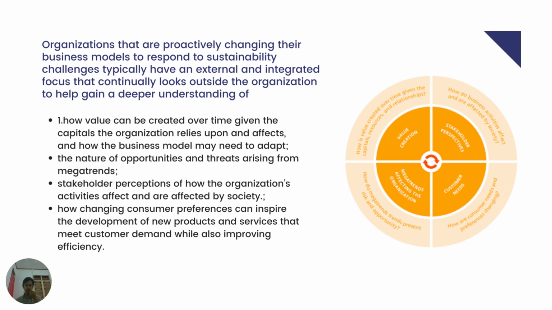And number three is stakeholder perception of how the organization's activities affect and are affected by society. Meaningful stakeholder engagement can also help facilitate pooling of resources in a way that helps multiple parties gain insight and knowledge, solve problems, and reach goals and targets that none of them could reach alone.